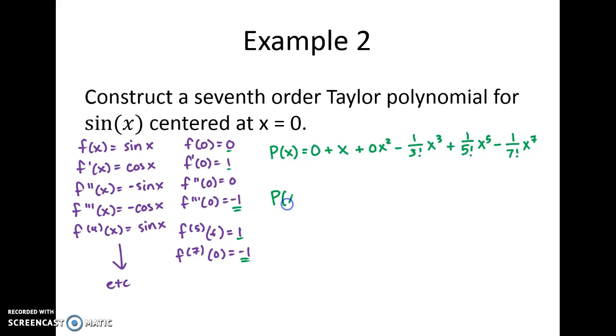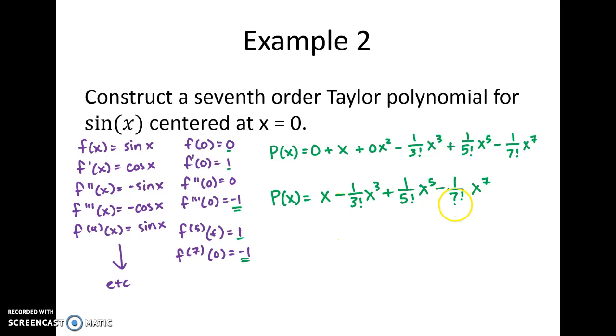Okay, so looking just a little nicer, we could write this as x minus 1 over 3 factorial x cubed plus 1 over 5 factorial x to the fifth minus 1 over 7 factorial x to the seventh. So there's kind of a nice pattern. I mean, it's kind of pretty. The Taylor polynomial for sine of x has odd exponents only.